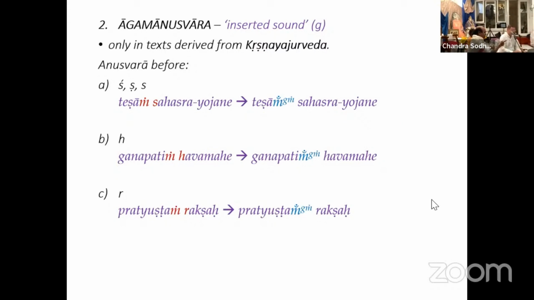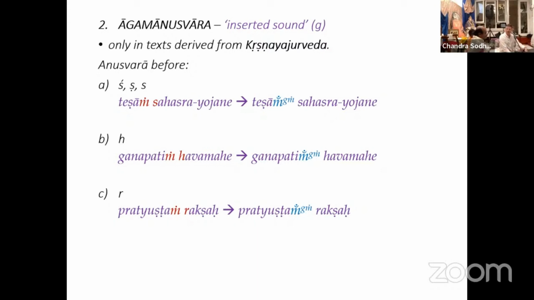Okay, so agama anusvara, or inserted sound. Agama means inserted. So only in texts derived from Krishna Yajurveda. For example, anusvara before sh, s, h, or hak, and r, is changing into g. So this inserted sound is actually g. For example, tesham sahasra yojane, teshagam sahasra yojane.